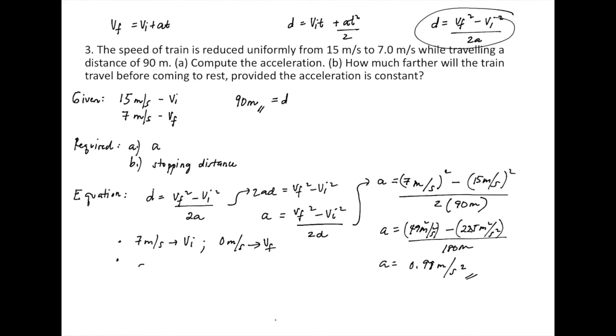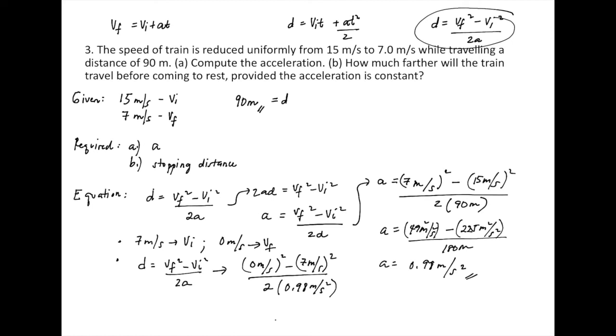The formula now for distance, simply we have vf square minus vi square all over 2a. By doing our substitution, we could have 0 meter per second square, 7 meter per second, and this is squared, divided by twice the acceleration, which is 0.98 meter per second square.